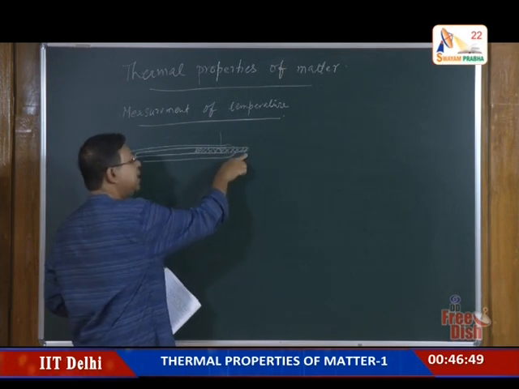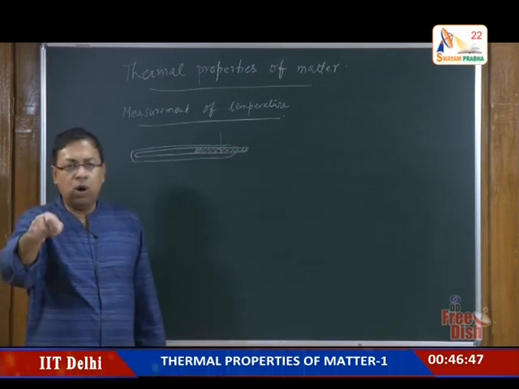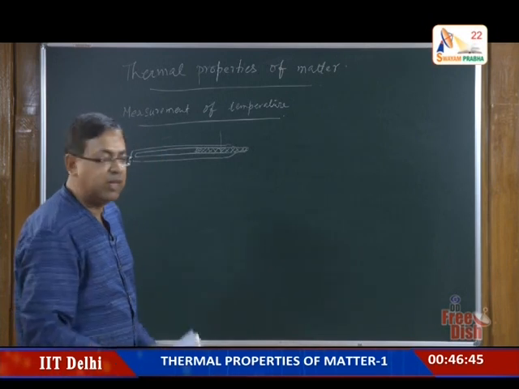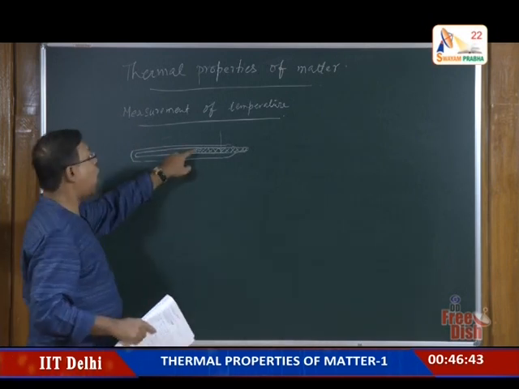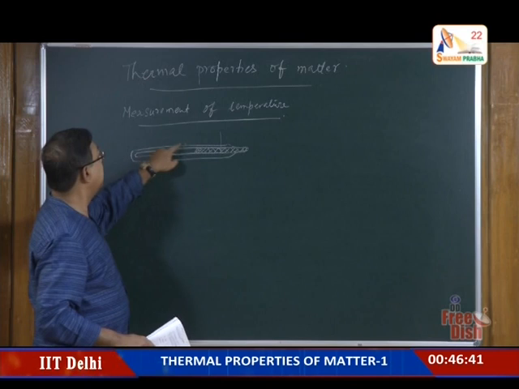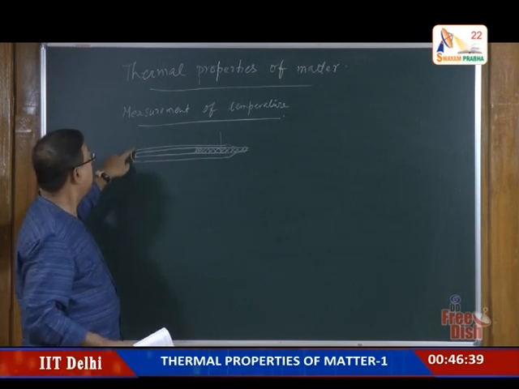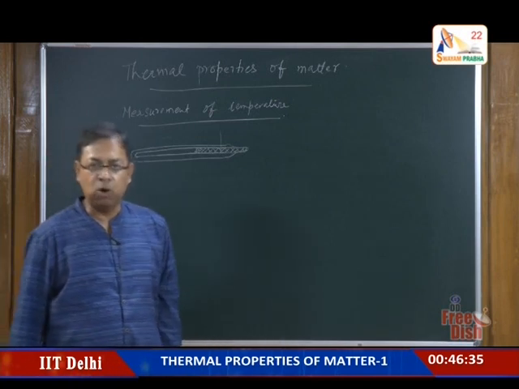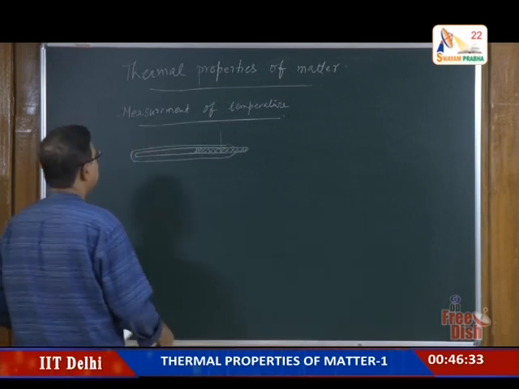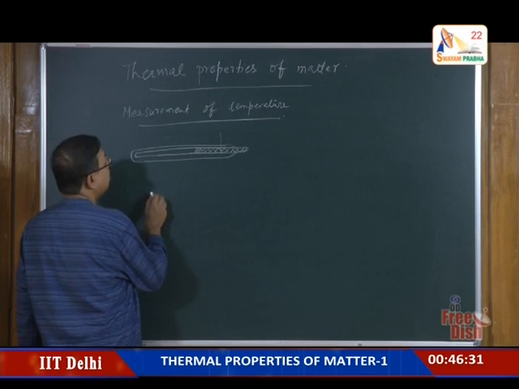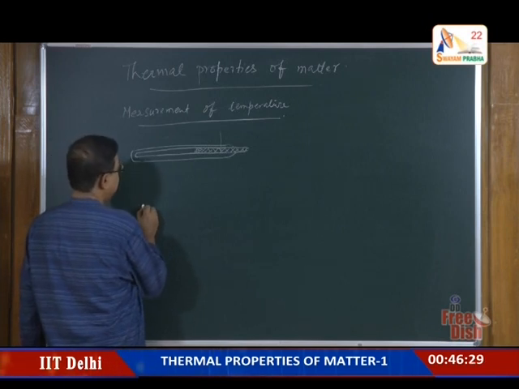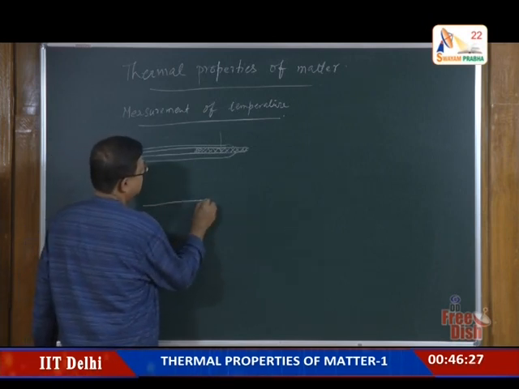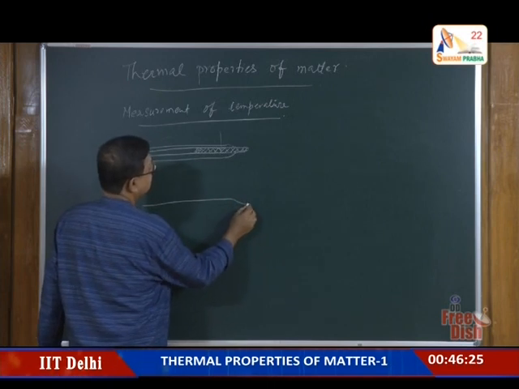So, when you dip this end onto a hot object, this mercury will expand, and how much it expands will be shown on a scale that is on the outer glass of this thermometer. So, this is one. I will draw another in order to explain the two scales of temperature.